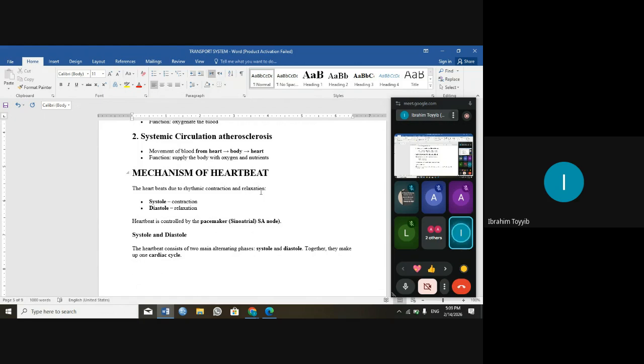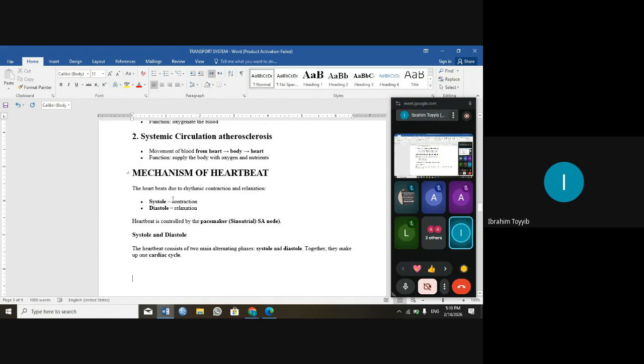The diaphragm is below the ribs, so the ribs will come up. But if you are breathing out, it will be relaxed, it will come down. That's what contraction and relaxation are.